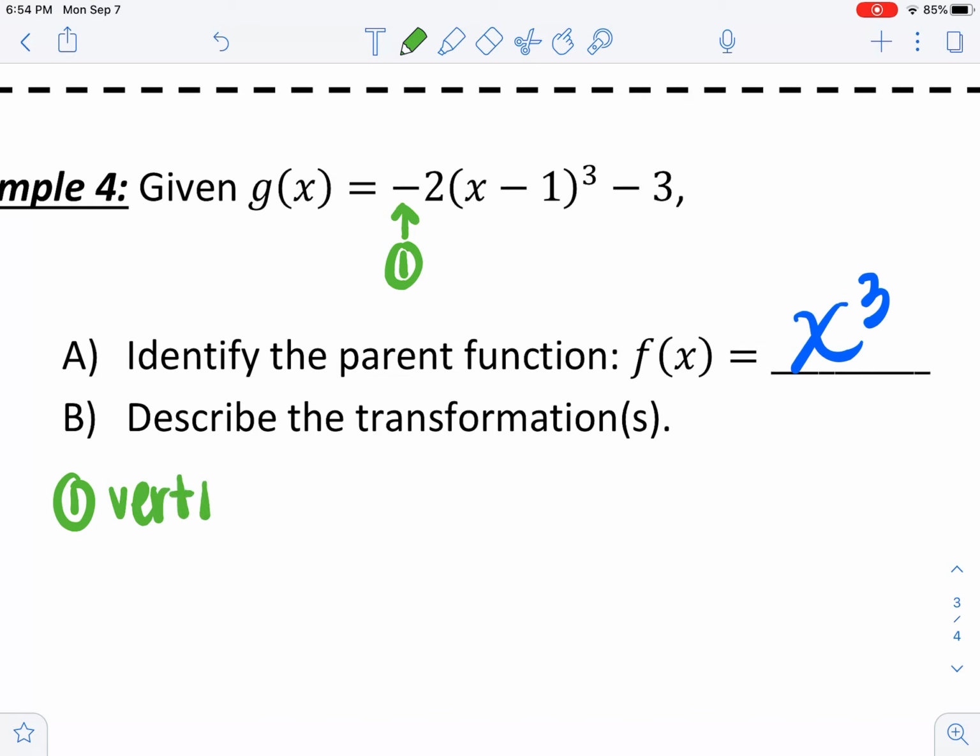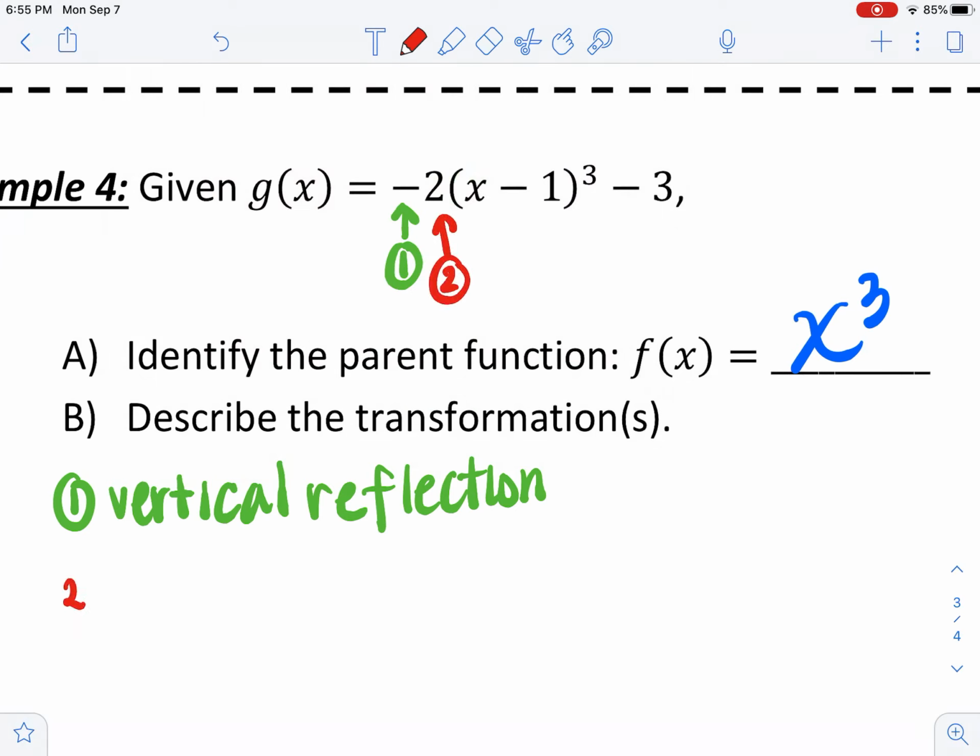Vertical reflection. All right, next thing I notice is this 2 in front of the parent. So that's vertical once again. Now remember, a number bigger than 1 is going to be a vertical stretch.